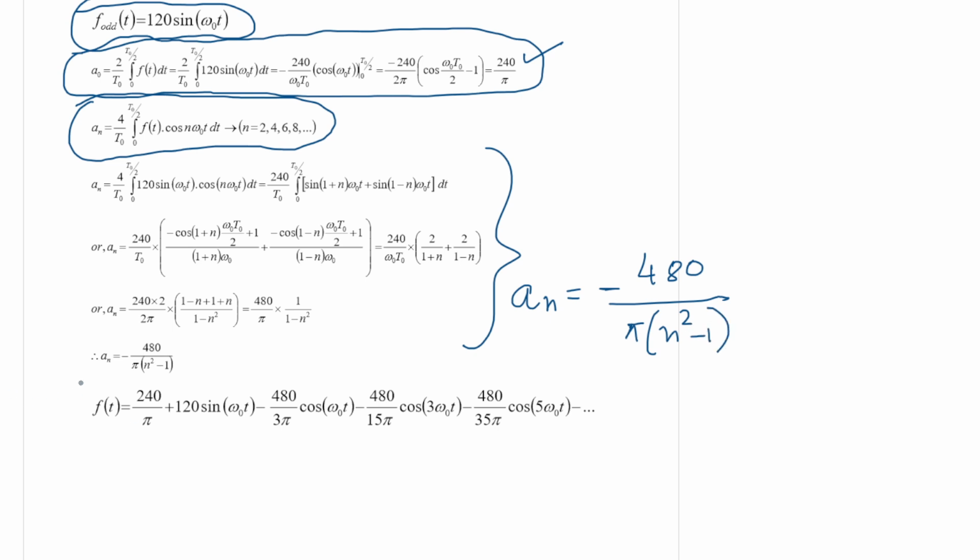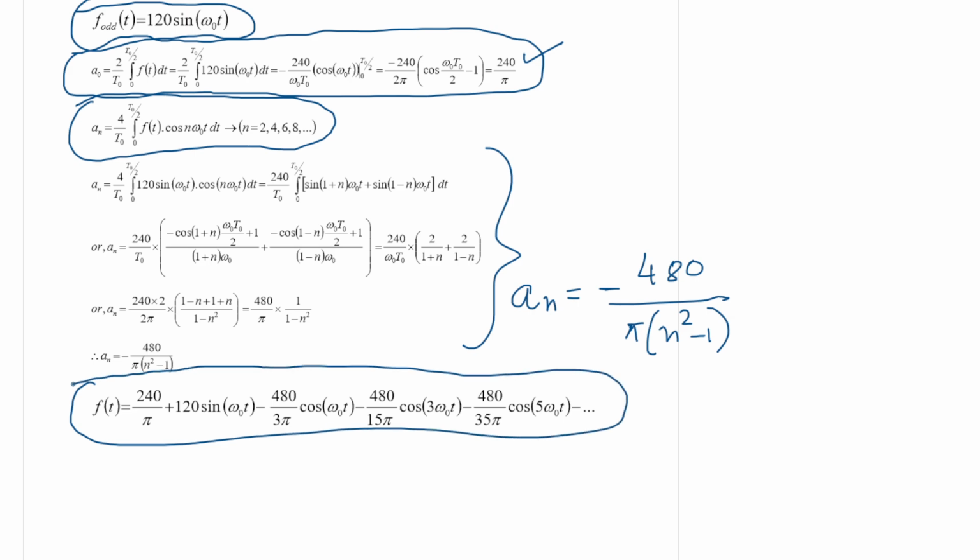So ultimately, when you write the entire expansion, you see 240 by pi, this is the DC term. 120 sine omega t is actually the odd part of the function, which does not require any expansion because it is itself a fundamental sine wave.